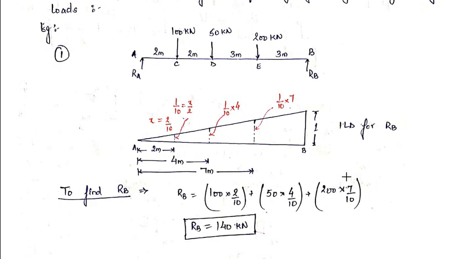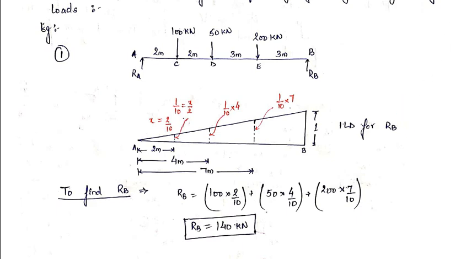Adding all these product values, we get the total value of RB. This is how we calculate the values of different functions, that is the reactions or bending moment or shear force. In this example, we considered point loads.